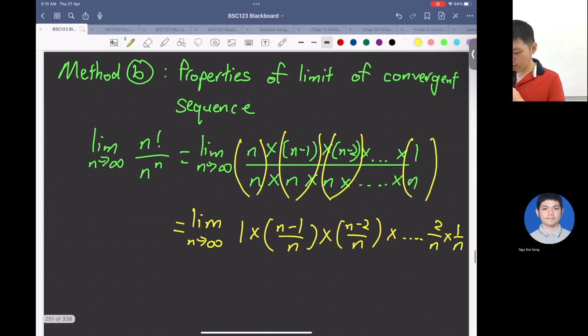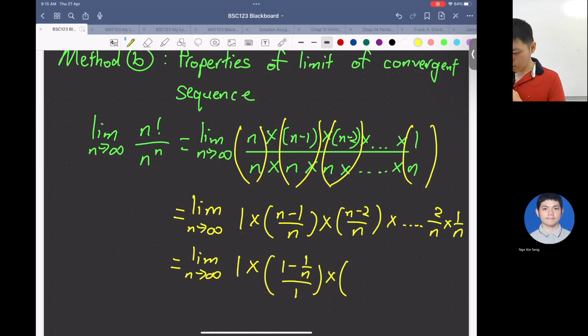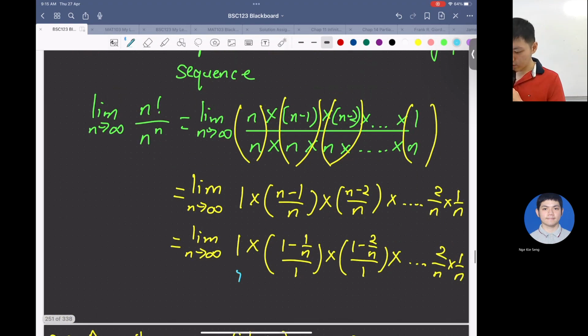But what is n over n minus 1 over n? We can do the trick again. We divide by n, where we get 1 over n over 1, and then 1 over 2 over n over 1, and then keep going. The first term converges to 1, the second term converges to 1, and the other ones converge to 0.